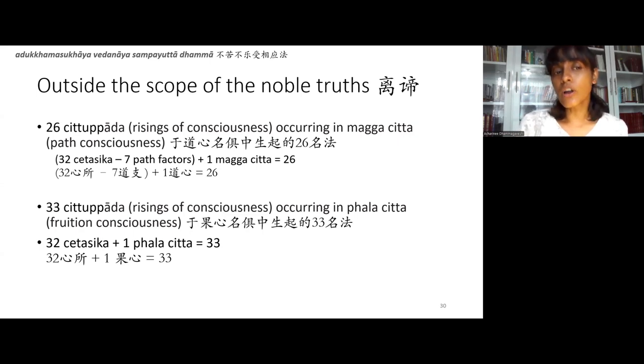And from this total of 32, we deduct the 7 path factors. Now remember, we are having only 7 path factors here. So 32 minus 7 plus we take the magga chitta as 1 chitta, plus 1, we get 26 chittuppada occurring in the magga chitta. And for the fruition consciousness, we don't deduct the path factors. Therefore, 32 cetasika plus 1 phala chitta gives us 33 chittuppada occurring in the phala chitta.